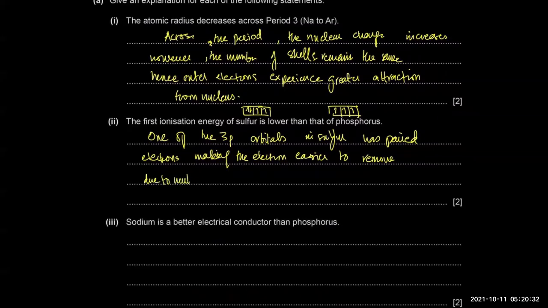Due to mutual repulsion, the electrons repel each other, so it's easier to remove. Okay.